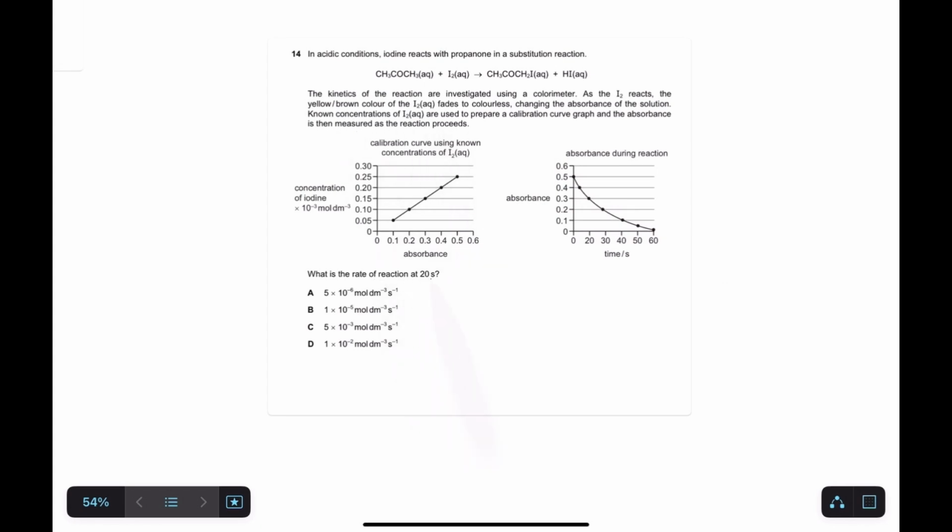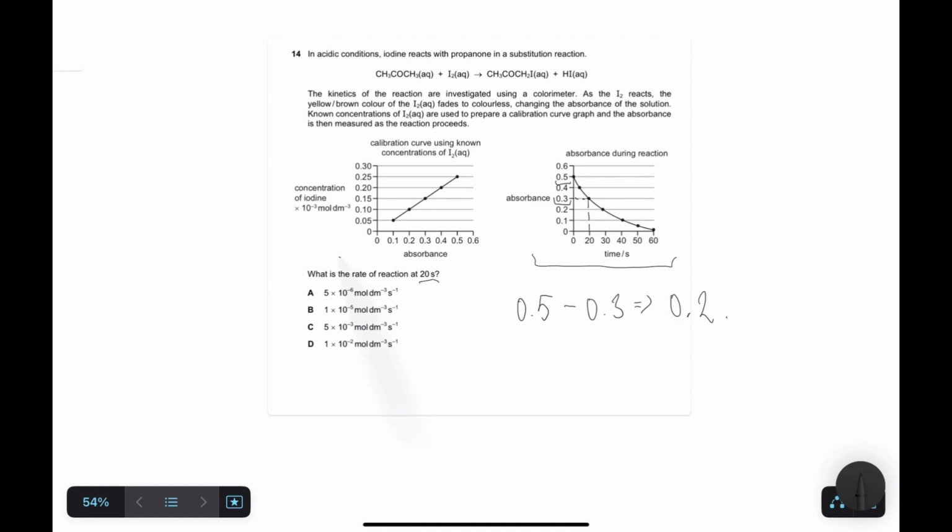What is the rate of the reaction at 20 seconds? If we look at the second graph, the absorbance is 0.3, 0.5. So the absorbance change is 0.5 subtracted by 0.3, so 0.2 is the absorbance.